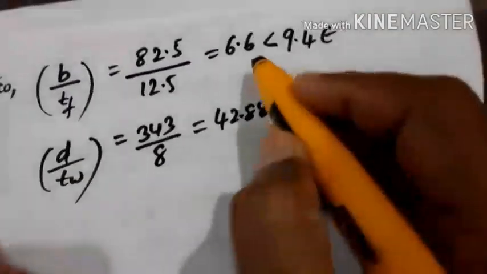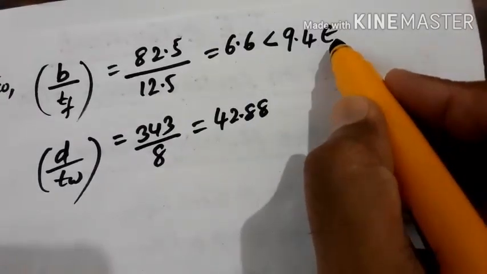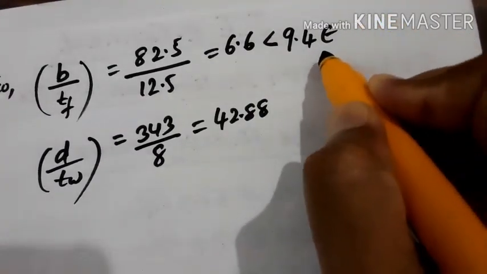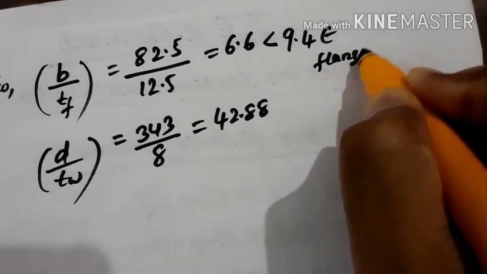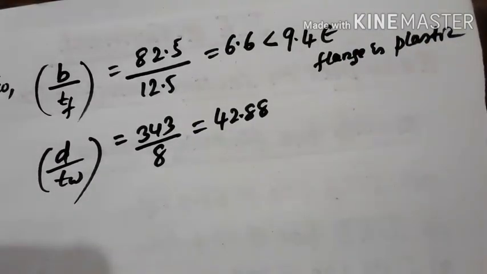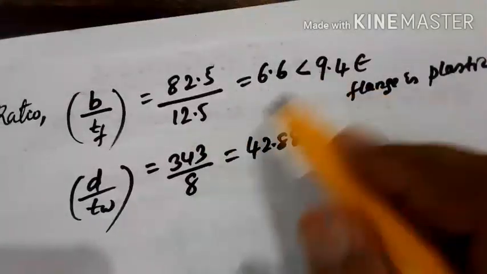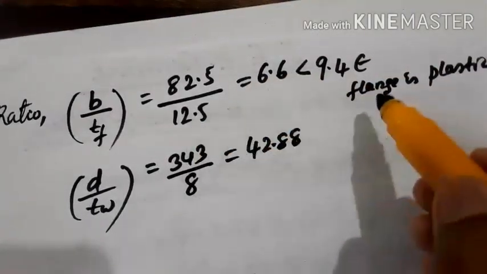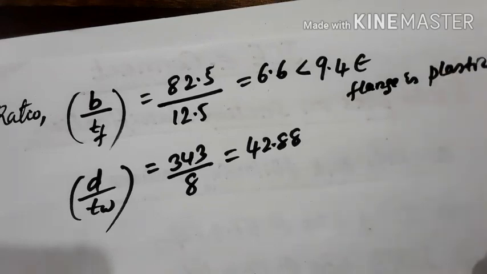Okay, so when the ratio is less than 9.4 epsilon, then we can write the flange is plastic. The flange element is plastic. So we have to calculate element wise. So the flange element acts as a plastic element.